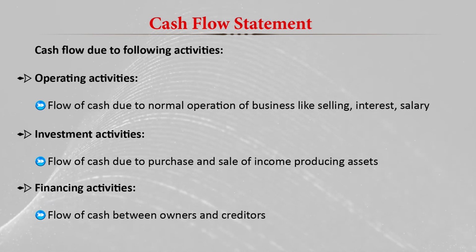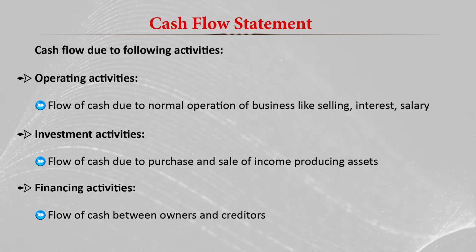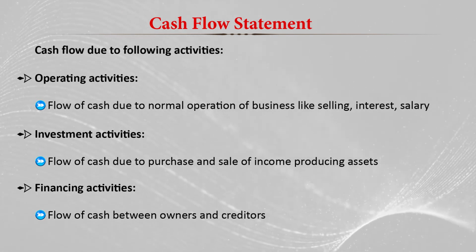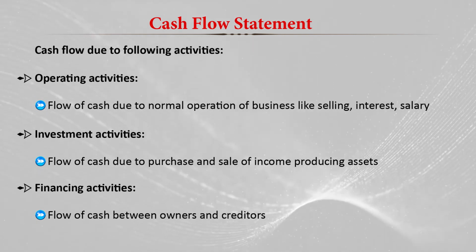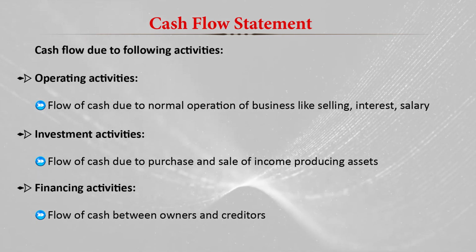So there are three different activities from which cash flow appears: operating activity, investment activity, and financing activity. The cash flow statement is basically prepared from the entries in the balance sheet and the income statement. So we use the information generated in the balance sheet and the income statement for preparing the cash flow statement.